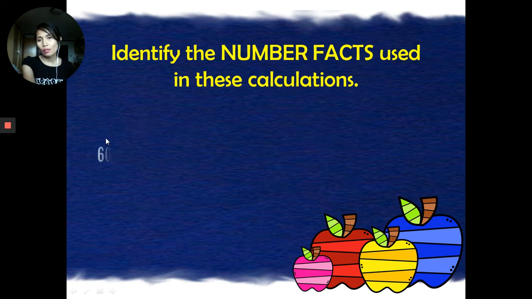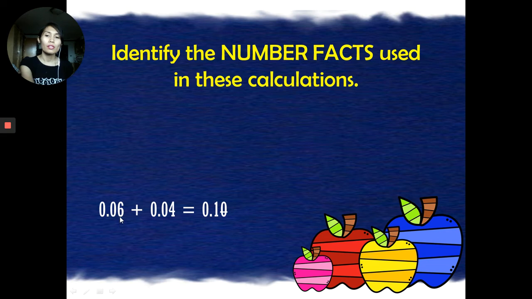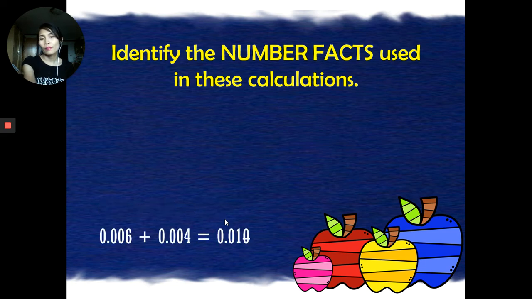So here are the given. 60 plus 40 equals 100. 600 plus 400 equals 1,000. And 600 plus 400 equals 10 hundredths. 6,000 plus 4,000 equals 10 thousandths.